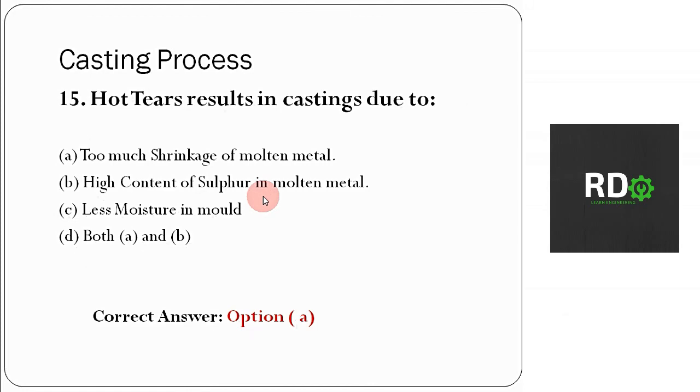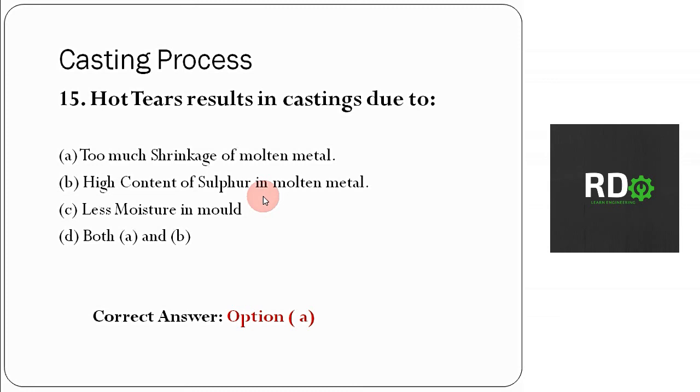Then question 15. Hot tears result in castings due to, it is one of the defects in casting. Why do hot tears actually occur? Too much shrinkage. If your molten metal gets too much shrinkage, as you know, there is liquid shrinkage, solidification shrinkage, and solid shrinkage.